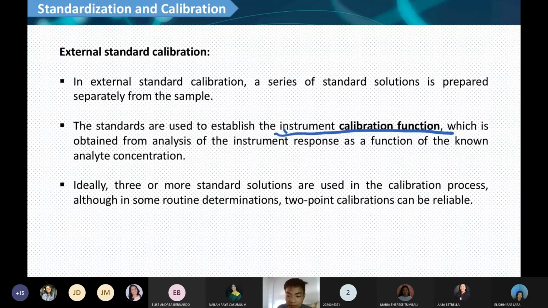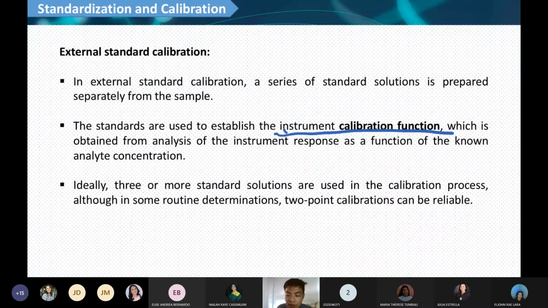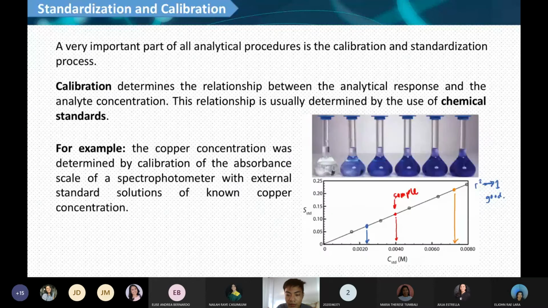So, what you do with external standard calibration is that you establish the instrument calibration function. That means the response of your instrument with your external standards, no? And then later on, you compare your solution reading with the external standard, no? Calibration.